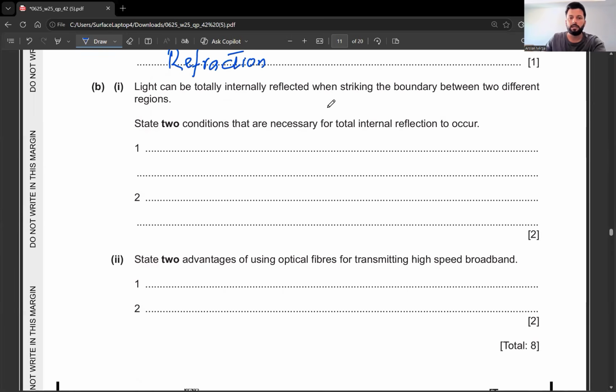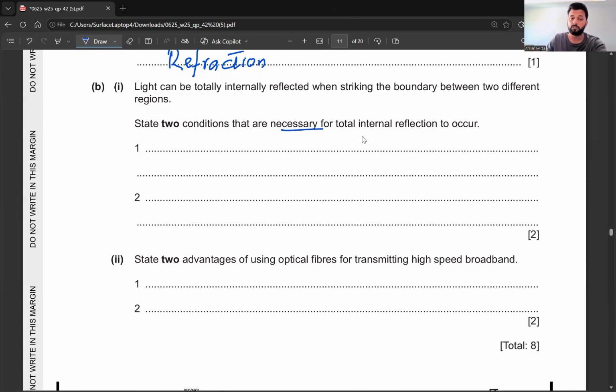Light can be totally internally reflected when striking the boundary between two regions. State two conditions necessary for the total internal reflection. So first thing, speed of light in first region should be less.